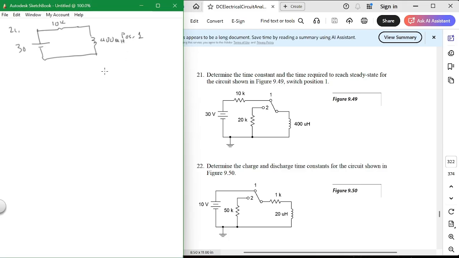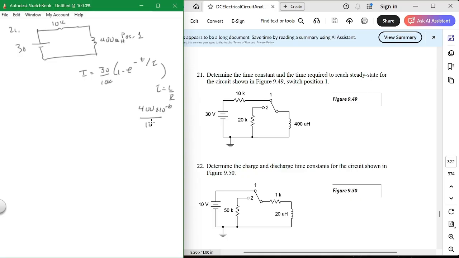All right. What is the equation that you can write? I is equal to V over R, 30 over 10K, times 1 minus e, because it's a charging circuit, 1 minus e to the minus t over tau, where tau is equal to L over R. All right? What is L? 400 times 10 to the minus 6th.